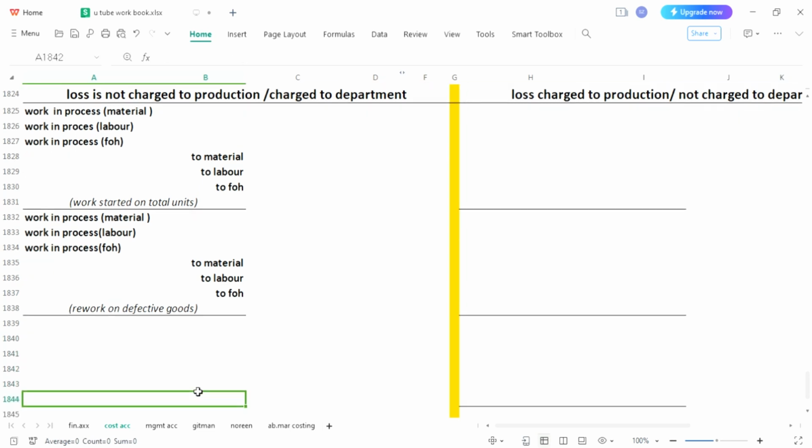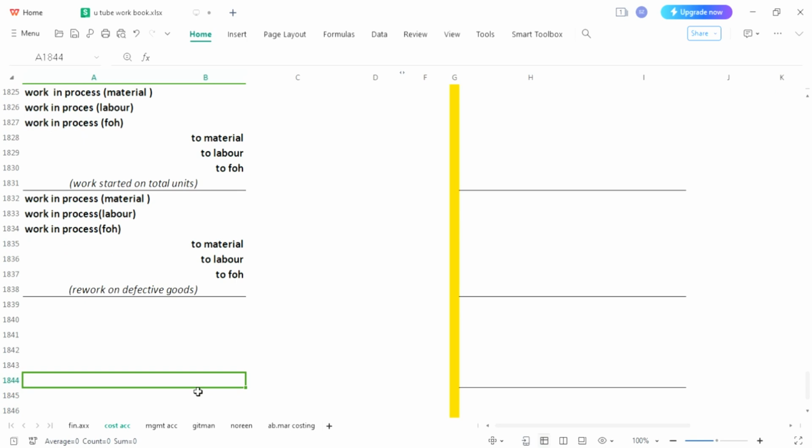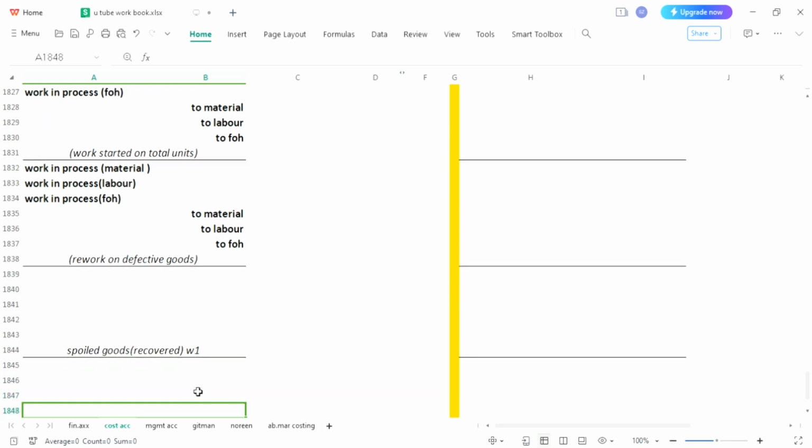So the third entry we used to write about finished goods. Here we will not be writing the finished goods entry. Instead of this, we will enter spoiled goods recovery, as in our question. How do we complete this entry?